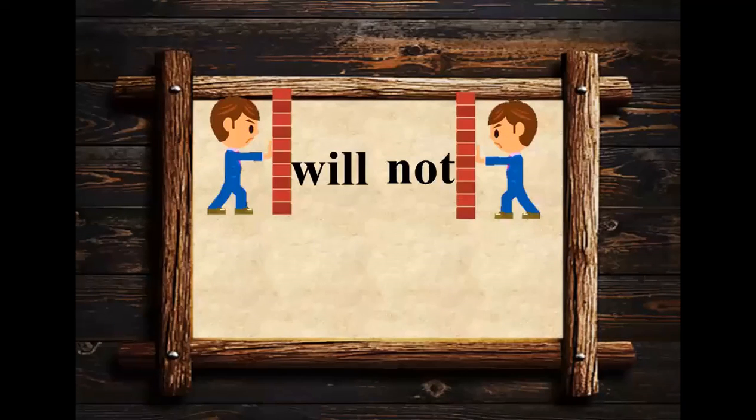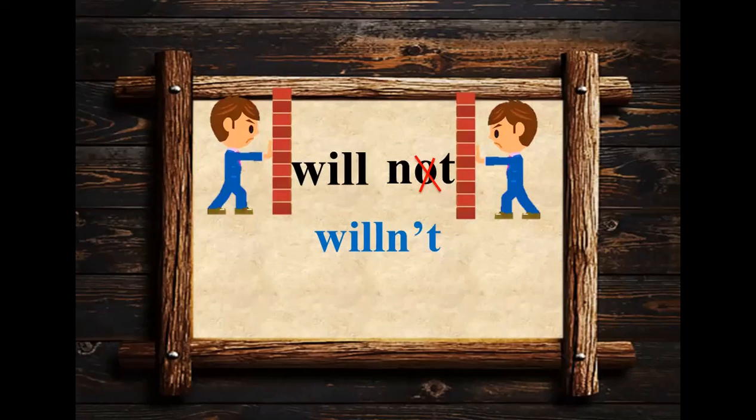Next, we have here the words will not. Going by what you have learned so far, you would think of removing the letter O and conclude that the contracted form of the word is willn't. But remember, children, this is an exception.